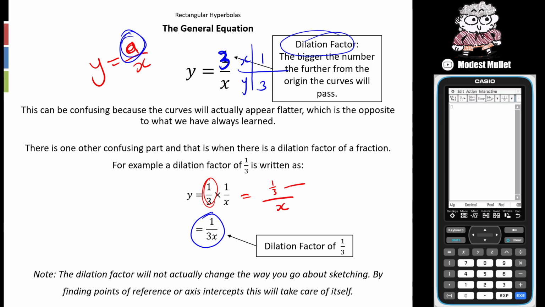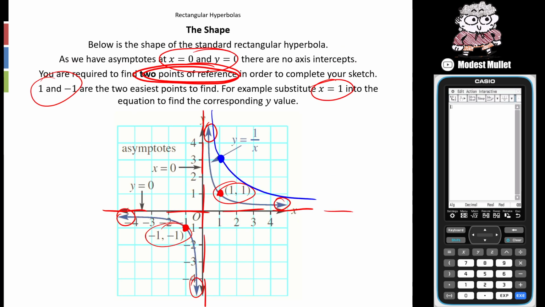Now we can see our numerator value a is equal to 1/3. So for this graph, let's use green. When x is 1, y is only 1/3. And so it comes in really close to the origin. It's dilated inwards, which makes it really compressed.